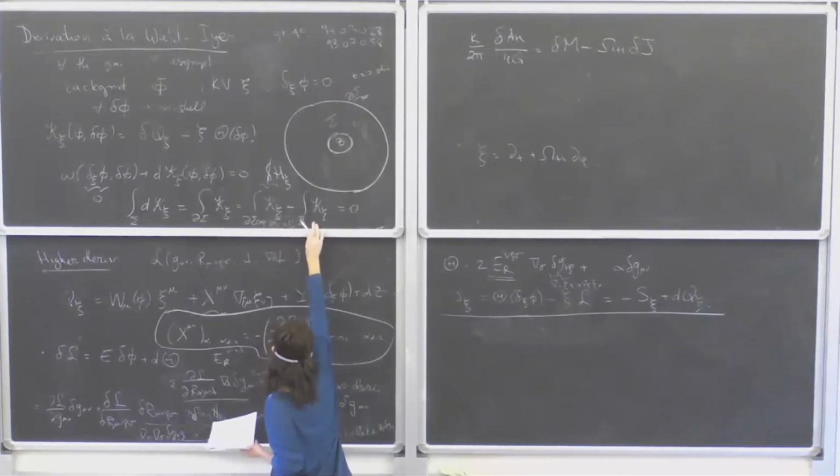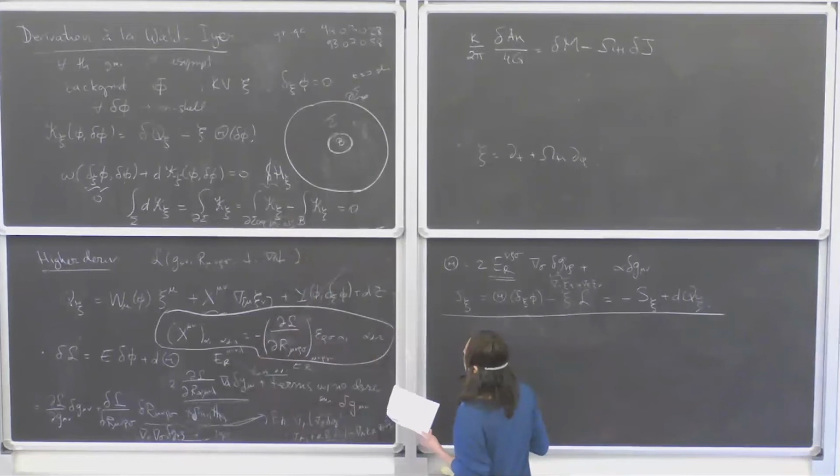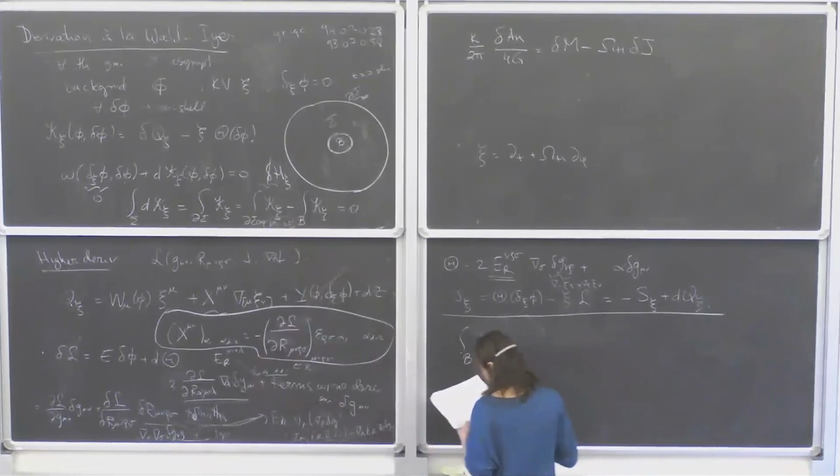So this will always work. So we just need to evaluate this guy, which is the integral over b of kxc of delta phi and phi.